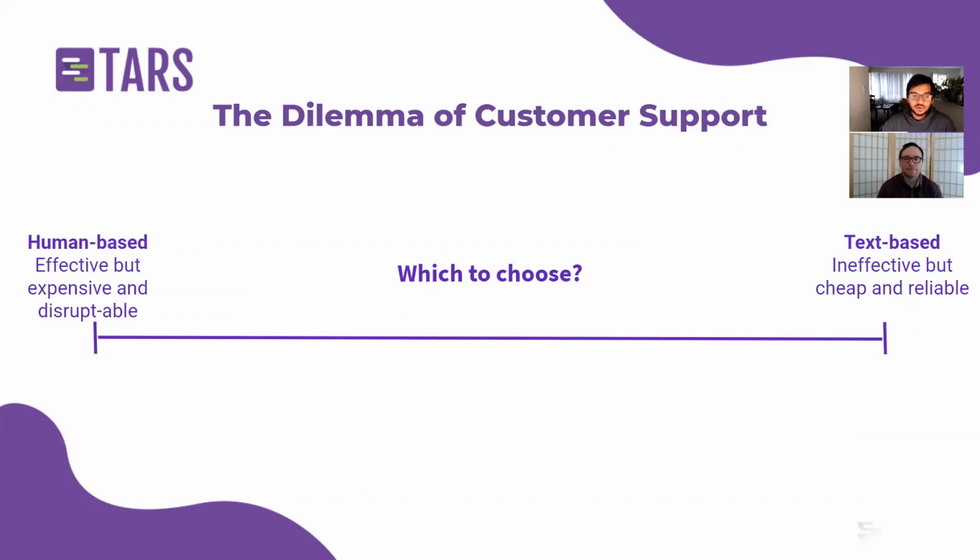Either you're choosing the effective, engaging, but easily disruptible human-based approach, or you're choosing the unengaging, often ineffective, but cheap and reliable text-based approach. So how do you weigh out the pros and cons of both? That's the question that most customer support executives have to deal with.